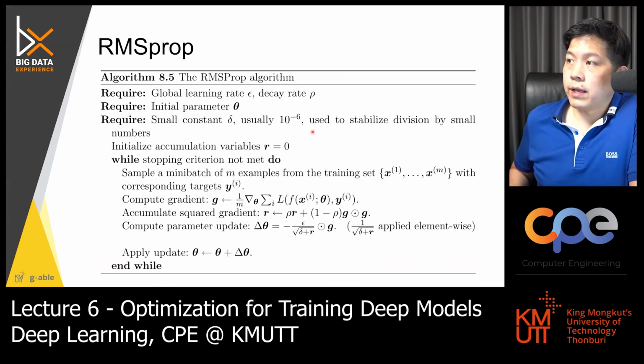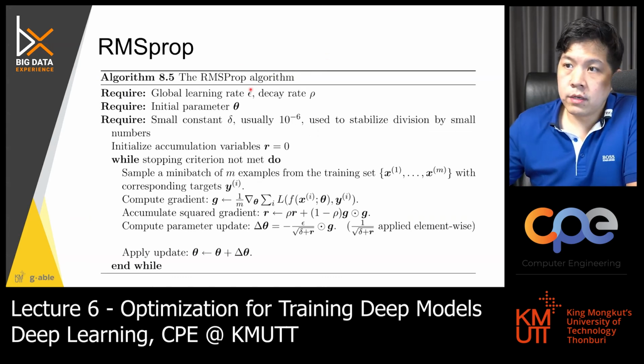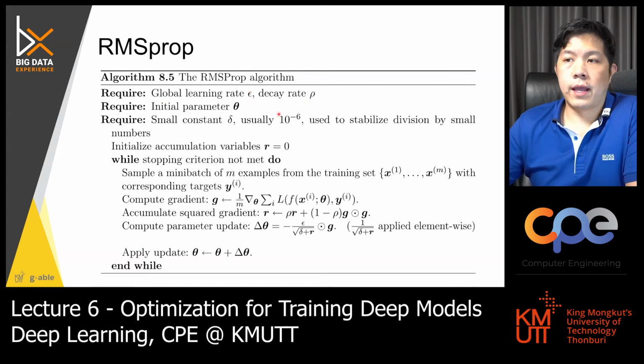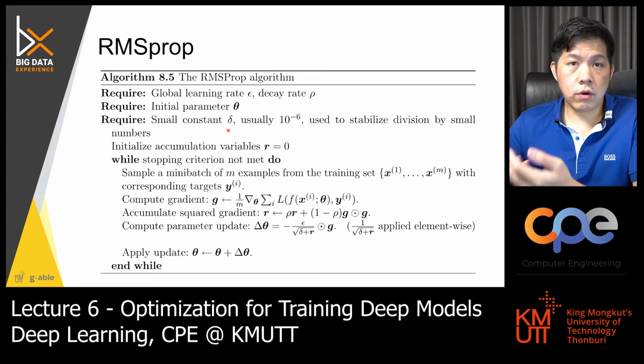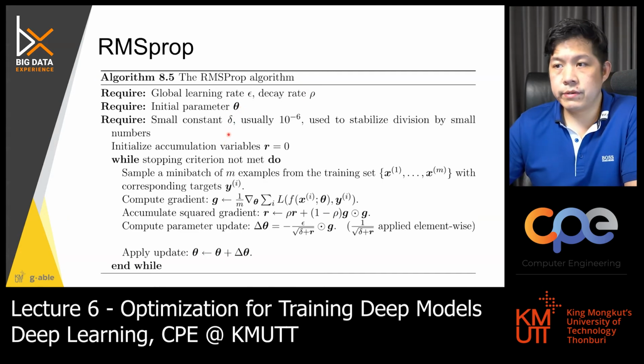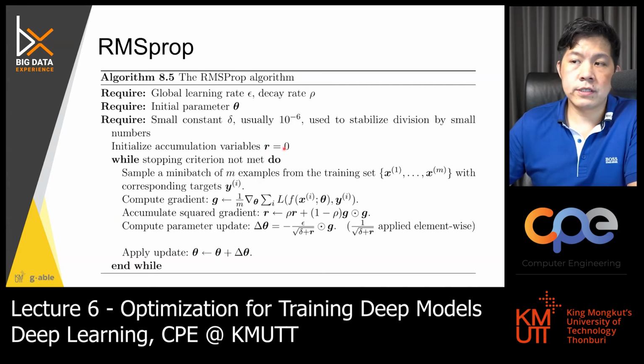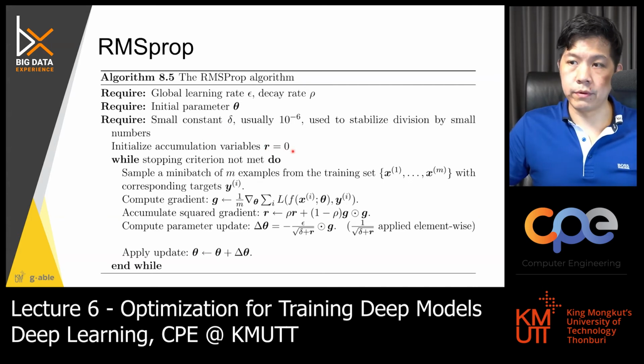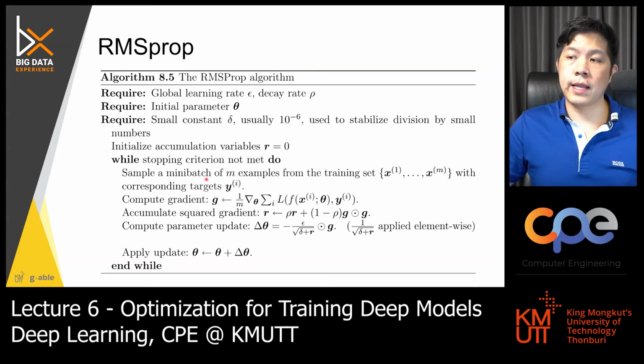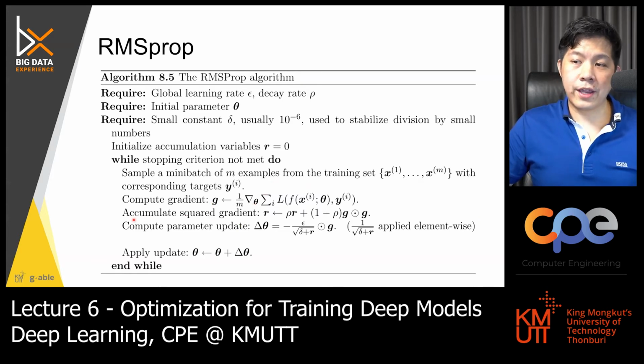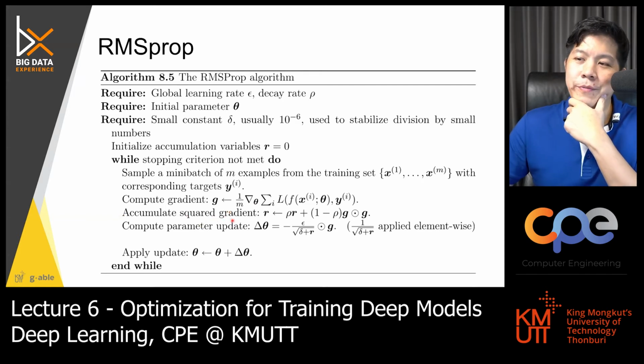All right, let's look at the algorithm to understand it more. We have the global learning rate epsilon, decay rate rho, and initial parameter theta. And we also have this small constant to make the number stable, to not divide by 0. Then you first have r equals 0 as an accumulation variable. And then for each iteration, sample the training set, for example the batch, and calculate the sample gradient, and then accumulate the square gradient. All right, this now becomes more interesting.